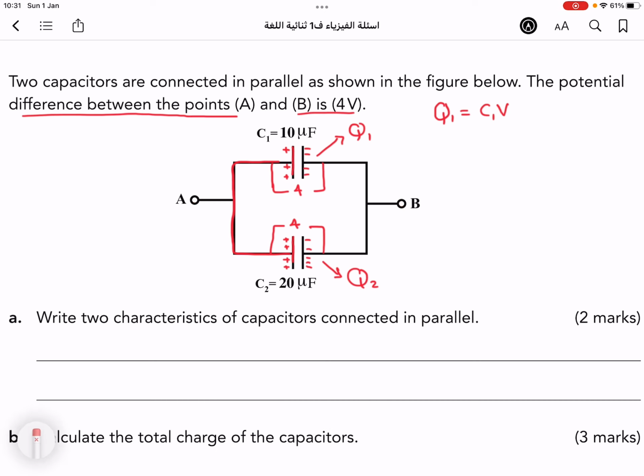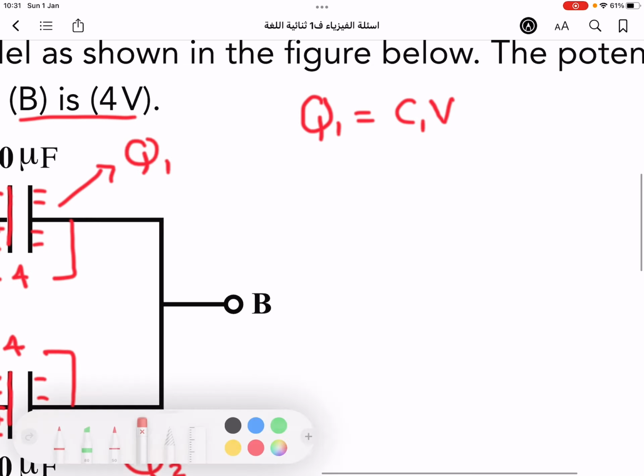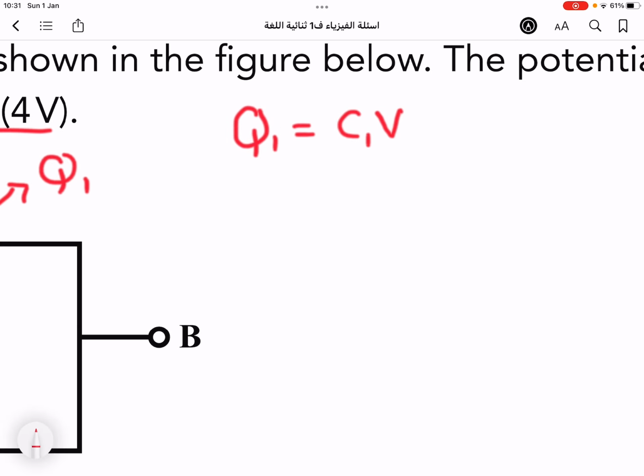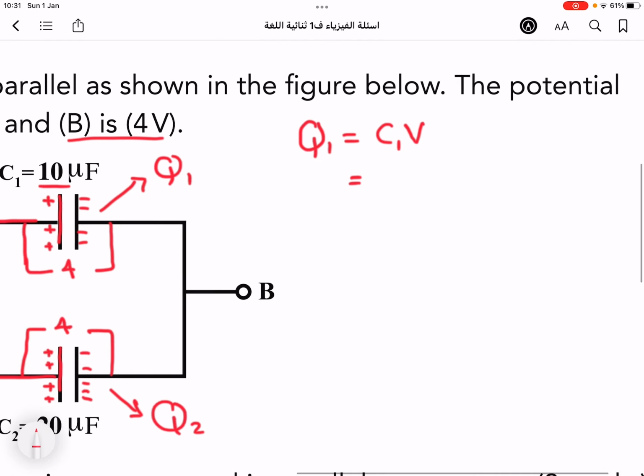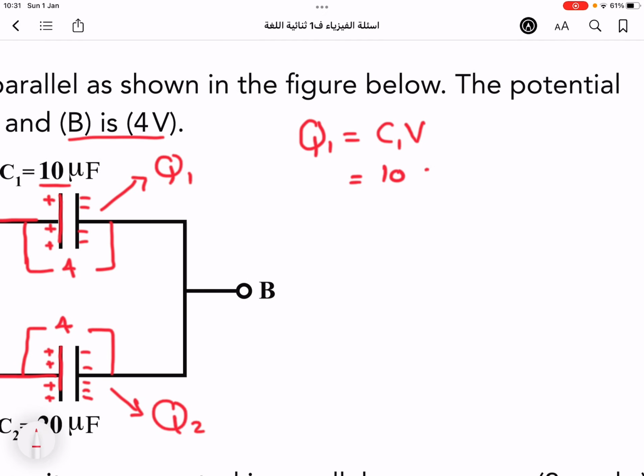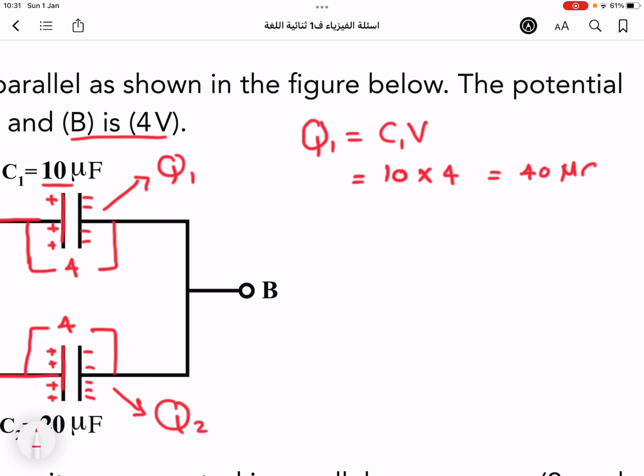Then let's proceed. C1 equals 10 microfarads. So 10 times V is 4. Then 10 times 4 is 40. As long as the 10 is microfarad, the result will be 40 microcoulombs.